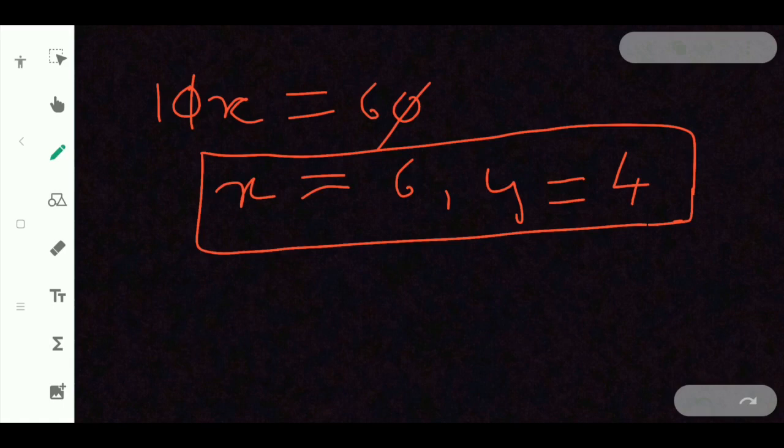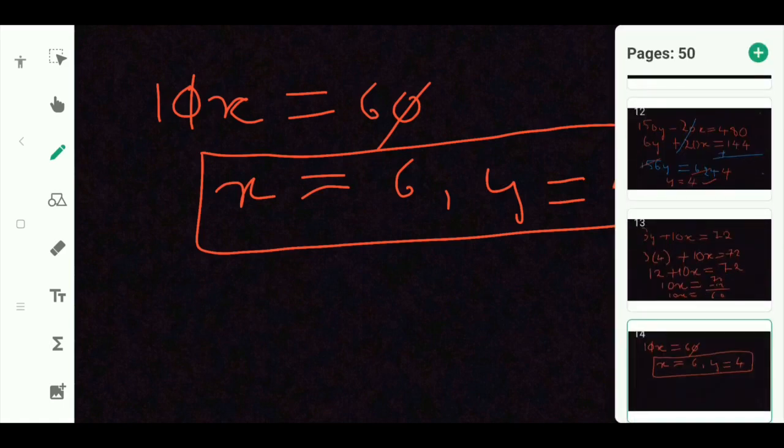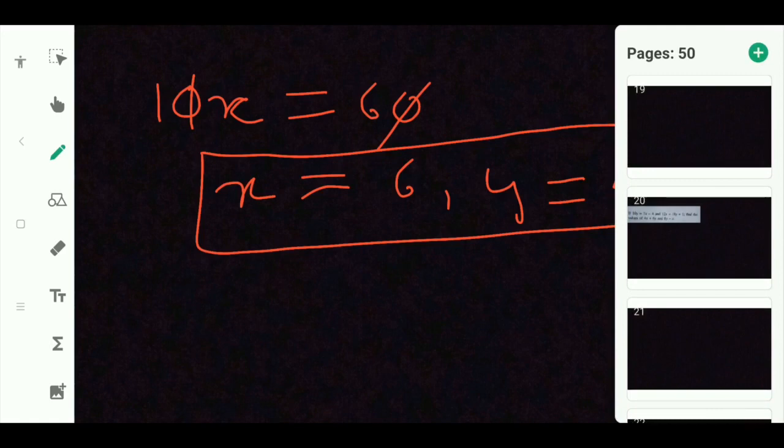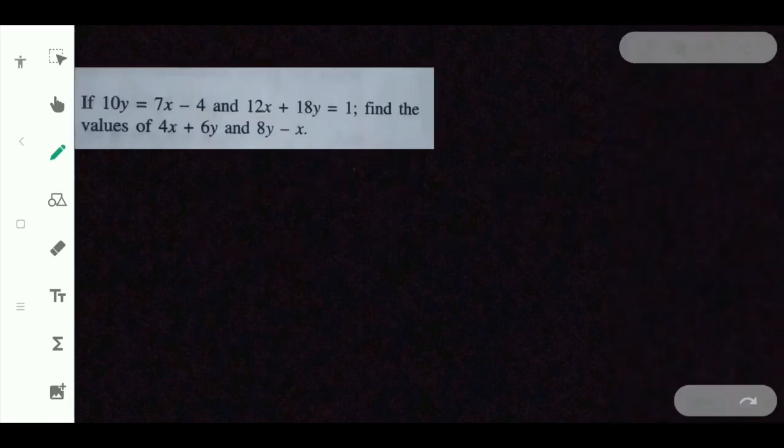So let us go into another example. This is not like the before examples. Here we should find the value of x and y, as well as we should substitute that x and y in other expressions.